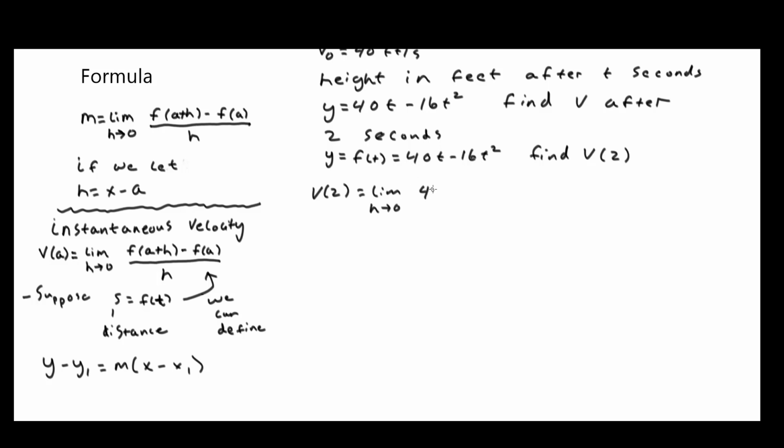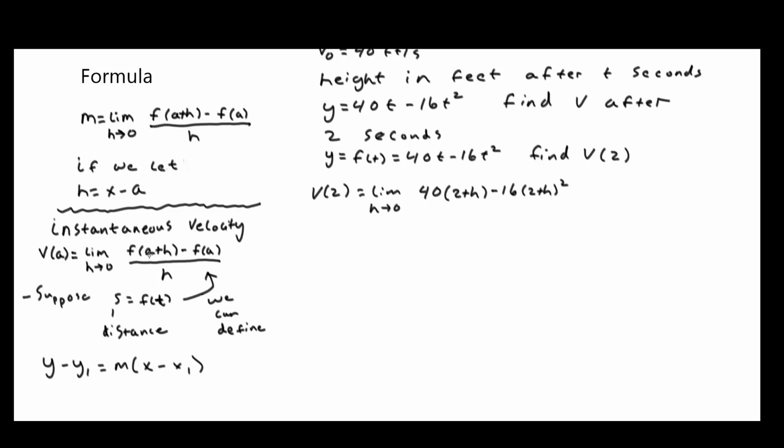So we have 40 times 2 plus h. And then we also have to account for this minus 16 here, because both the 2 plus h's need to be plugged into both our t variables. So we have minus 16 times 2 plus h squared. So this takes this first part right here.